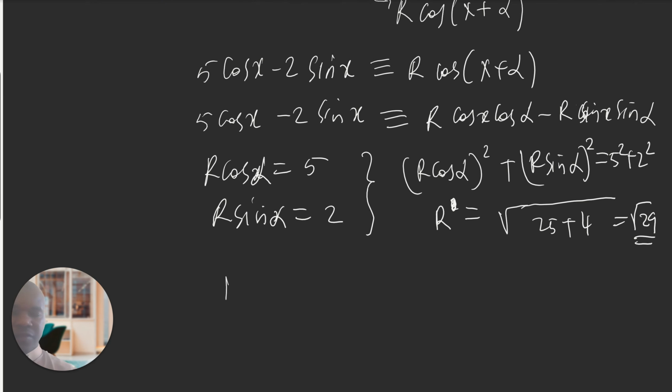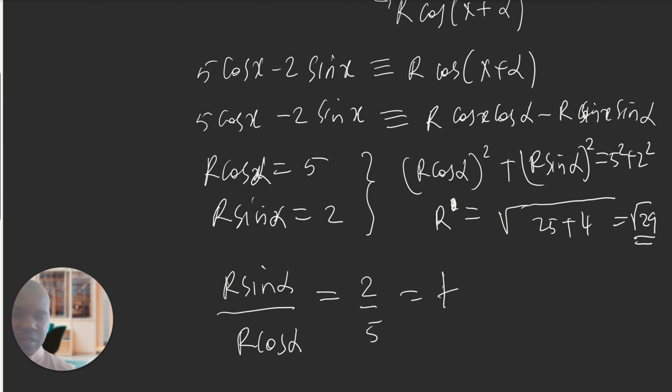Finding alpha, taking r sine alpha divided by r cosine alpha, this is equal to 2 over 5, which is equal to tan alpha. So we find the acute angle corresponding to alpha, shift tan 0.4, we have alpha 21.8 degrees.